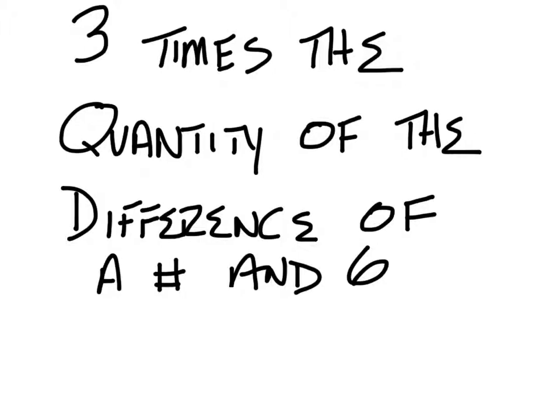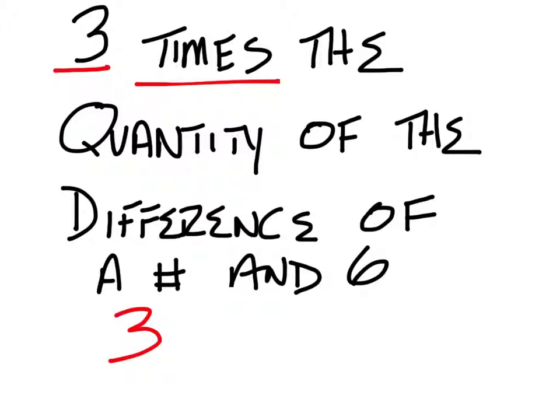Here's example 2. Now they're going to move up a little bit. We'll pick it apart a piece at a time. 3 times the quantity of the difference of a number and 6. Where should I start? Yeah. 3x. We can start with 3, but we can't put an x next because it's 3 times something. What is 3 being multiplied by?